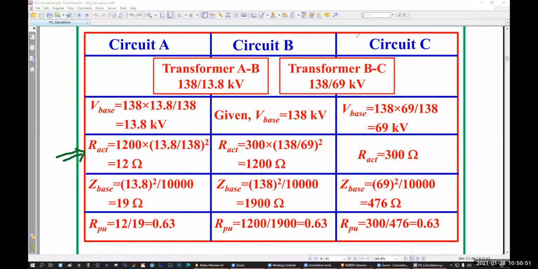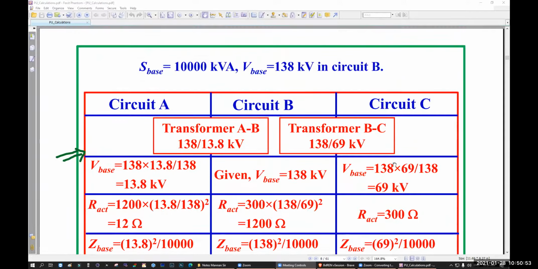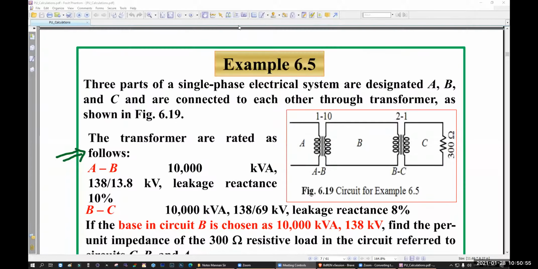How did we get this? See, where is our 300 ohm load? Here, right? In which side? In C side, right? So for C, the resistance is 300 ohm.